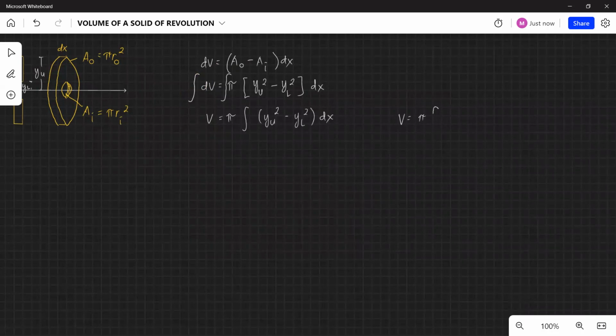So it would be pi times x of the right curve squared, and then x of the left curve squared, and get the difference. And the thickness, of course, would be dy. So this is for a horizontal strip, and this is for a vertical strip.